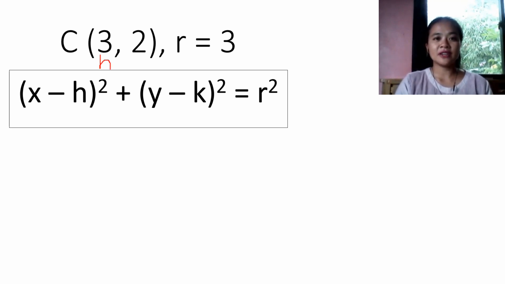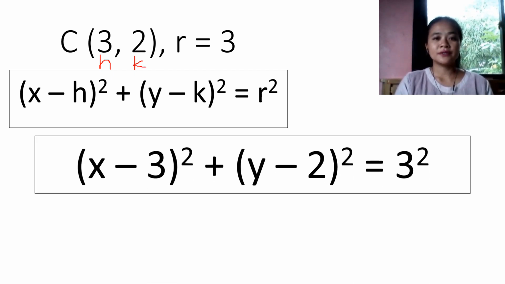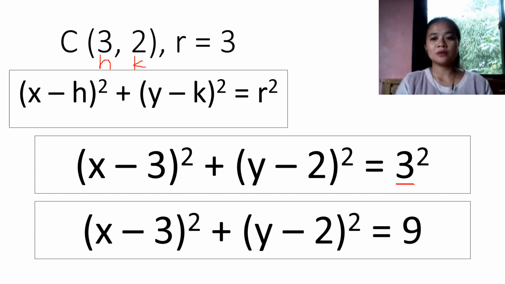Since h is 3 and k is equal to 2, the equation is the quantity x minus 3 squared plus the quantity y minus 2 squared is equal to 3 squared, since the value of r is 3. Next, simplify the radius; that will become equal to 9. So that is how we write center and radius into a standard equation.